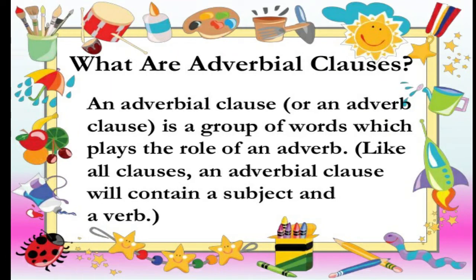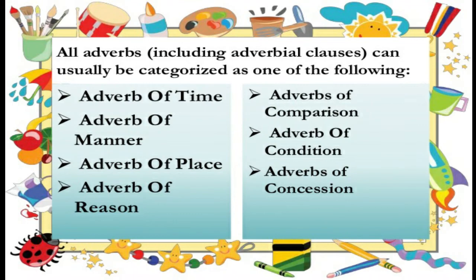So please understand, an adverbial clause is a group of words which plays the role of an adverb. Simple. We already know the kinds of adverbs: adverbs of time, place, manner, reason, comparison, condition, concession.